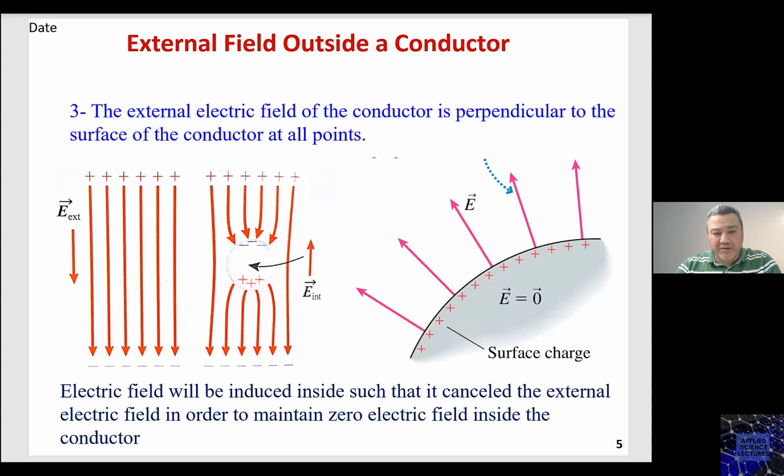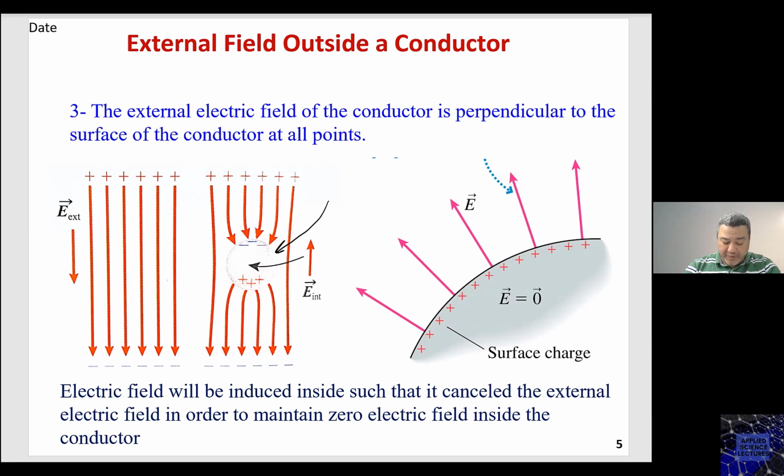Now let's look at the conductor when we have an external field applied on that conductor. In this case, the electric field will be disturbed, as we can see here in this figure, such that those electric fields are always going to come on this surface perpendicular with the 90 degrees angle, which means that this field is going through this conductor.